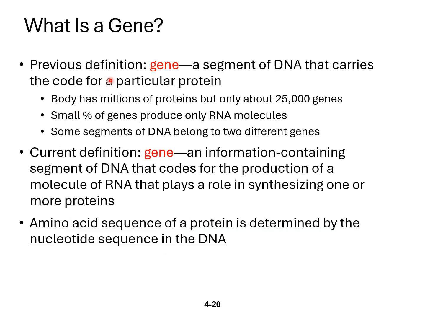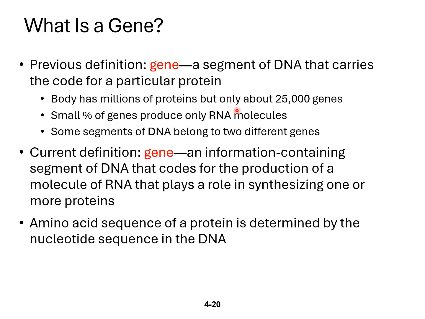The previous definition of a gene was just a segment of DNA that carries the code for a particular protein. That's what it used to be. The body has millions of proteins, but only around 20-ish thousand genes. I know it says 25, but there are around 20,000 genes. That means a small percentage of genes produce only RNA molecules, and some segments of DNA belong to two different genes.